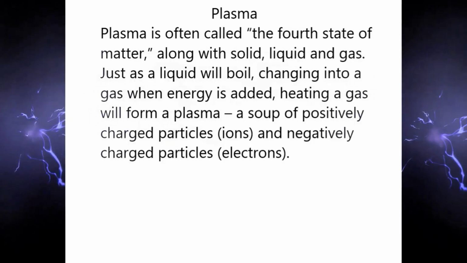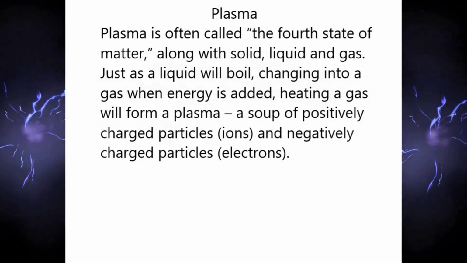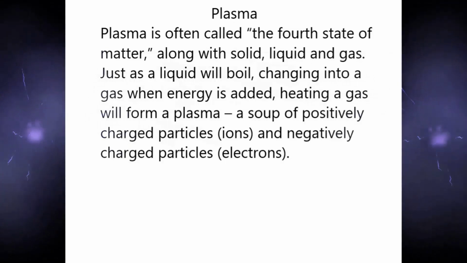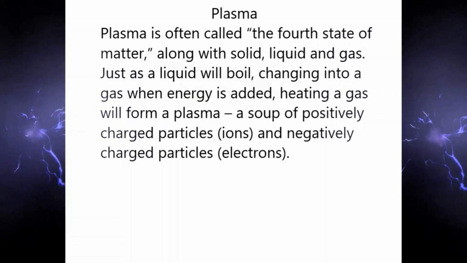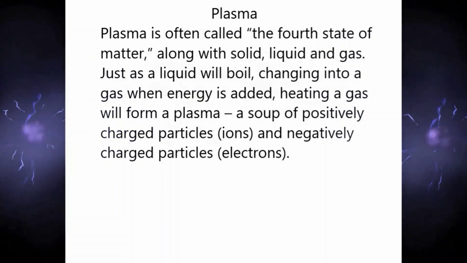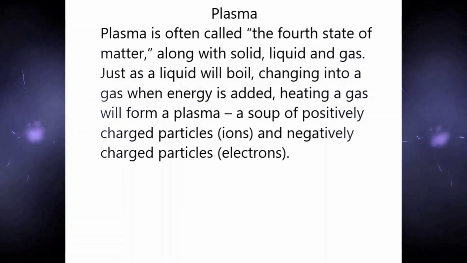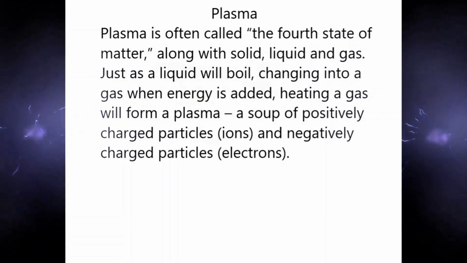So before I go into the other three states of matter that I showed at the beginning of the video, I wanted to talk about the fourth state of matter, which I will not be going into further depth other than this little piece here that I'm putting before I start the lesson, and that's plasma. Now, here's the definition for plasma.